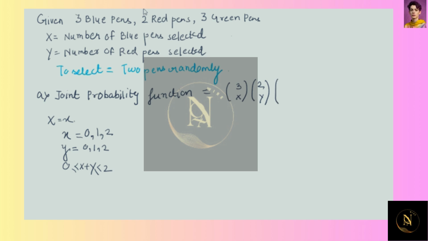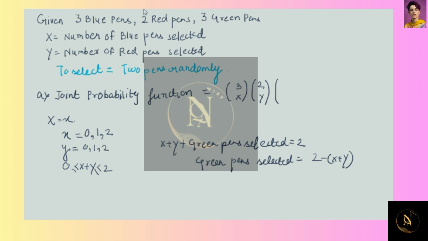Now we know that the total pens selected is equal to 2. So we can write that x plus y plus the number of green pens selected would in total be equal to 2. Or we can also write that the green pens selected would be equal to 2 minus (x plus y). So the ways for green would be 3c(2 minus x plus y).